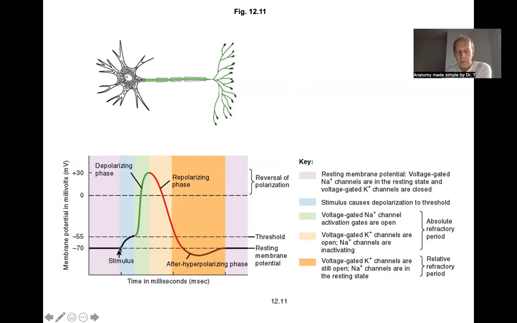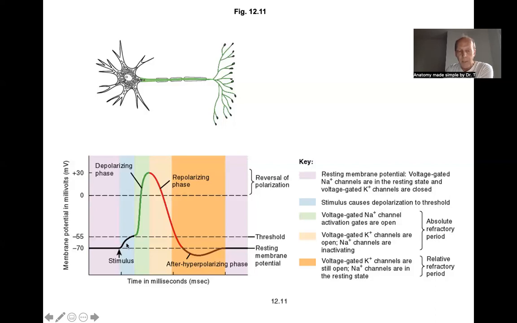But if the stimulus was strong enough to generate sufficient changes to bring the membrane of the cell to negative 55 millivolts, that value is considered to be the threshold. So what's going to happen? We were opening some ion channels as a consequence of the stimulus being applied to the cell.